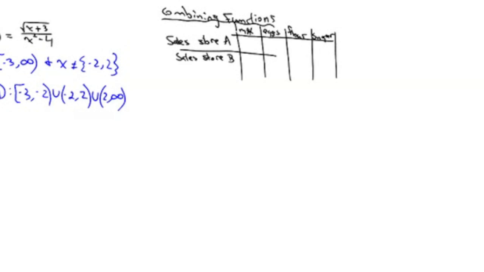I bet you've seen something like this in like 4th grade or something silly like that. Store A, Store B, and they sell milk, eggs, flour, and sugar. And Store A sold this. And Store B sold this.